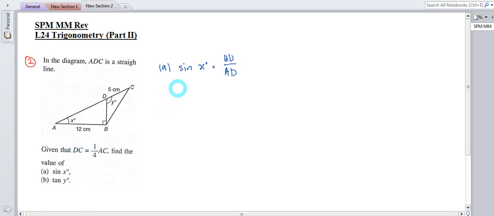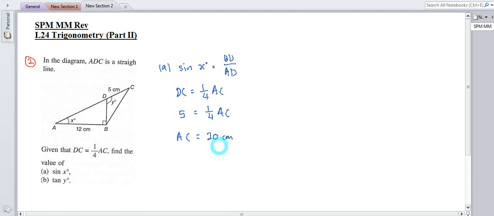Given by the question, DC is equal to 1 over 4 AC. So we know that this DC is 5, equal to 1 over 4 AC. And from here, we can know that AC is actually equal to 4 times 5, you get 20.